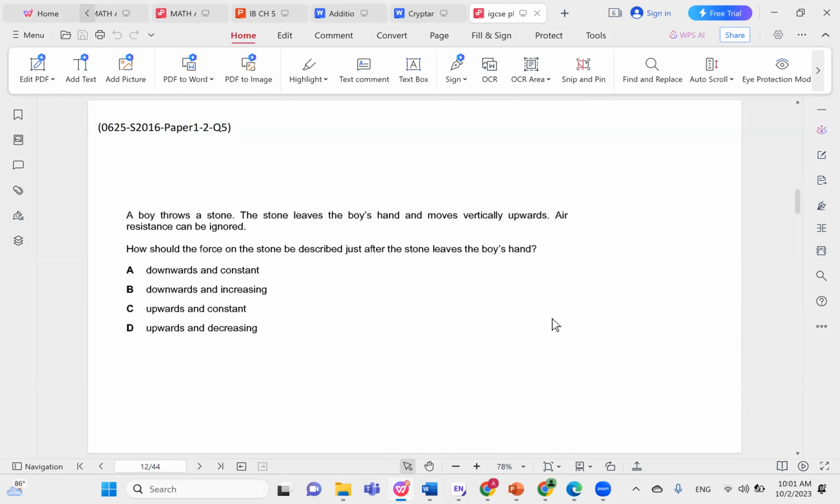So the boy throws the stone and it moves up, and then inevitably it's going to move down to the ground. We don't care about the direction of motion now. We just care about the stone while it's in the air. And we want to know what the force acting on the stone is.